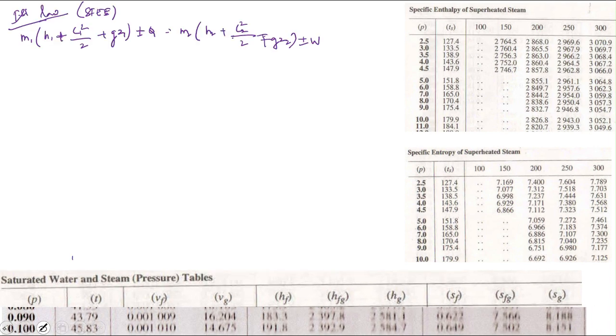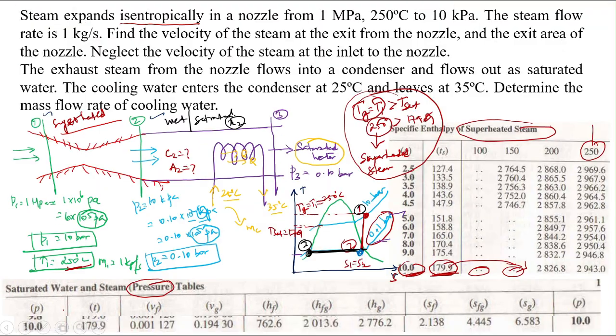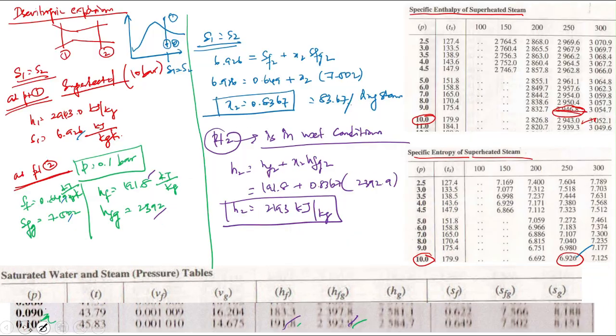Here we are going to cancel the terms. The potential difference is not given, so it is 0. It is an isentropic process in a nozzle, so heat transfer is 0, and work is not done, so it is 0. Also g z2 is equal to 0. And one more thing in the problem: neglect the velocity of steam at the inlet of the nozzle, so C1 is also neglected.